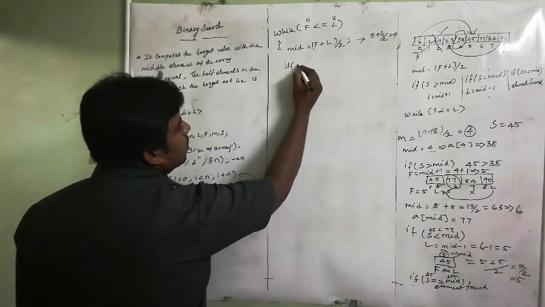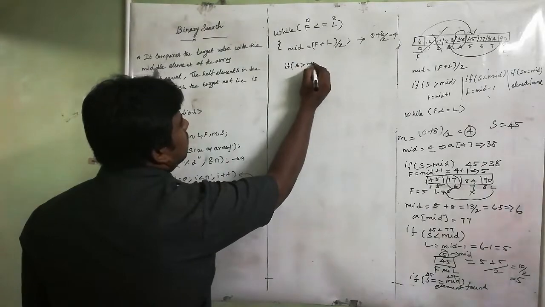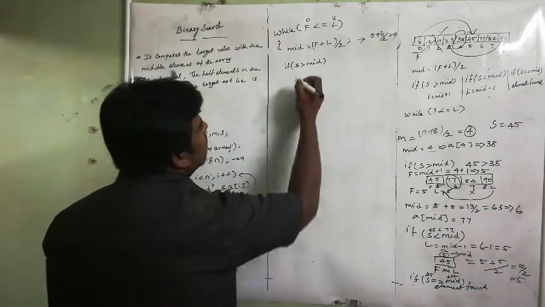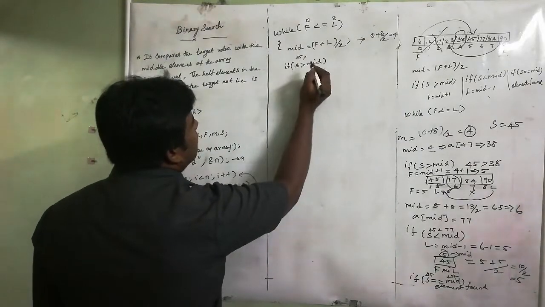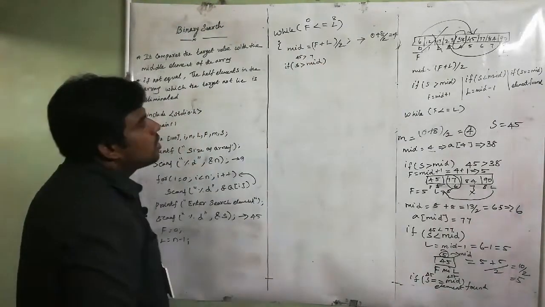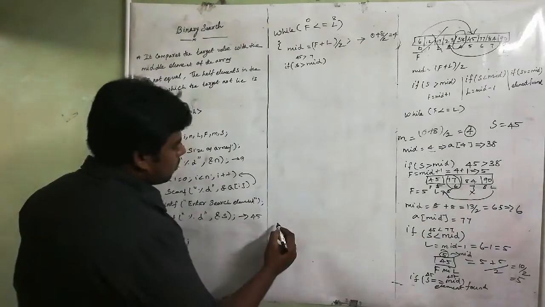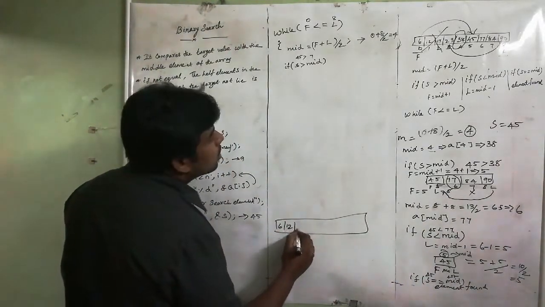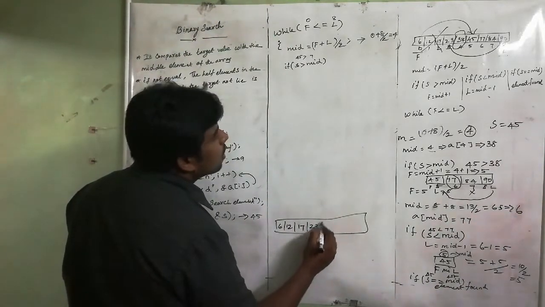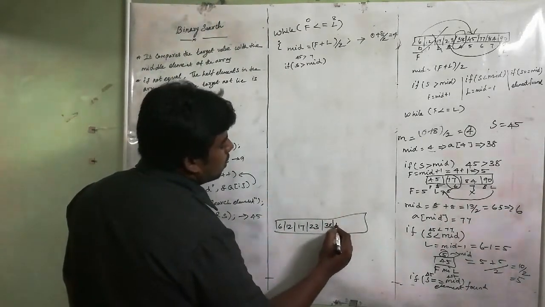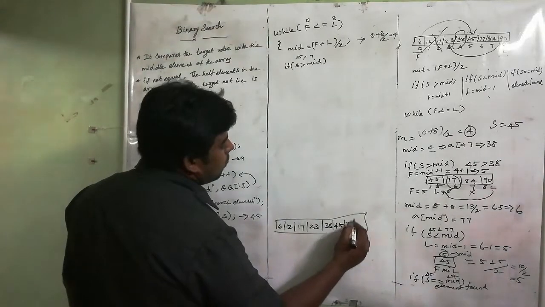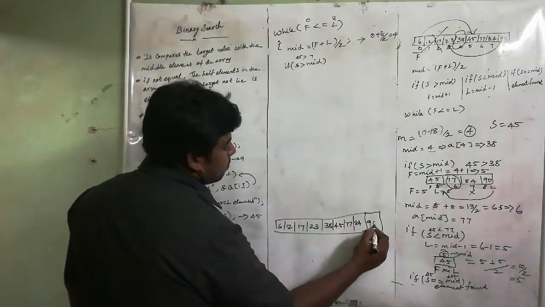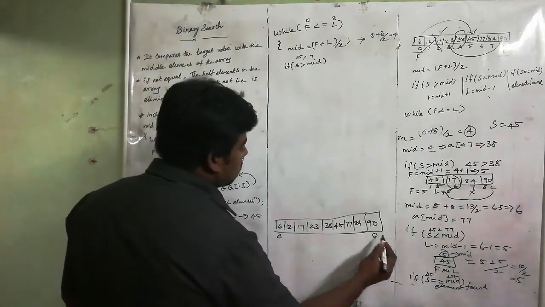If search greater than mid. What is the search element? 45. If 45 is greater than the mid element. What is the array? 6, 12, 17, 23, 38, 45, 77, 84, 90, indexed 0 to 8.